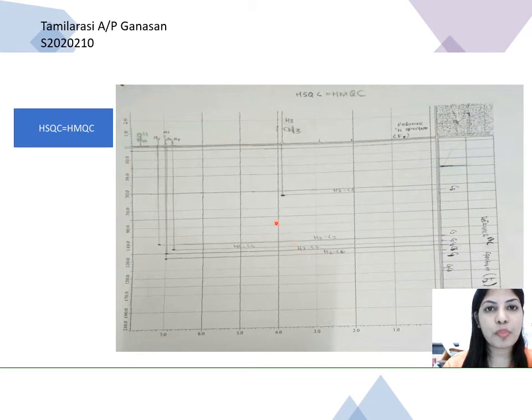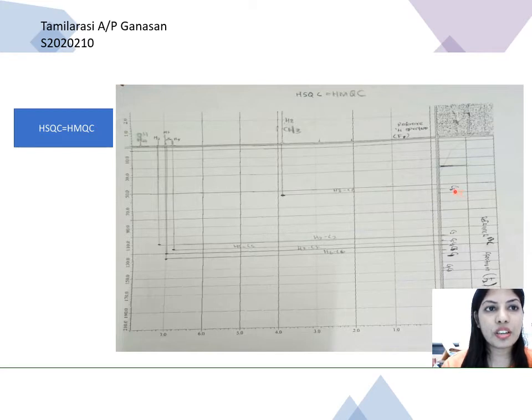Each of these proton signals should only have one cross peak, because one proton can only be attached to one carbon. Here, from the spectrum, there are 5 cross peaks showing protons directly attached to carbons. Looking here, H8 has a cross peak with C8.